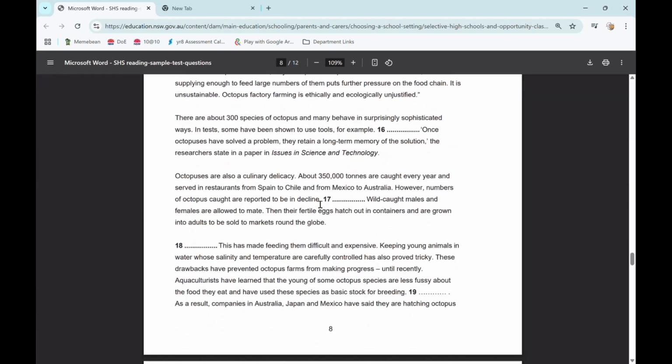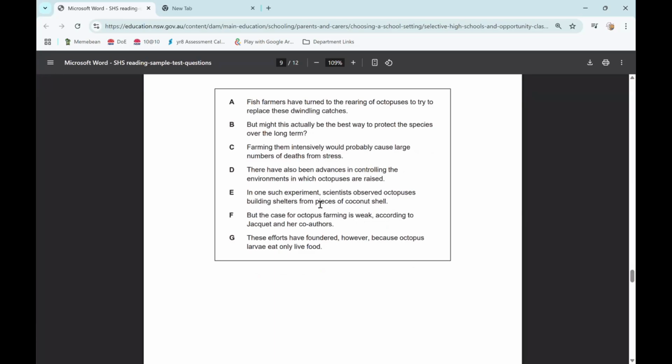So looking at the answers, A, fish farmers have turned to the rearing of octopus to try to replace these dwindling catches. This is wrong because it doesn't talk about how intelligent octopus are. It's more about fish farmers and how they are trying to catch octopus.